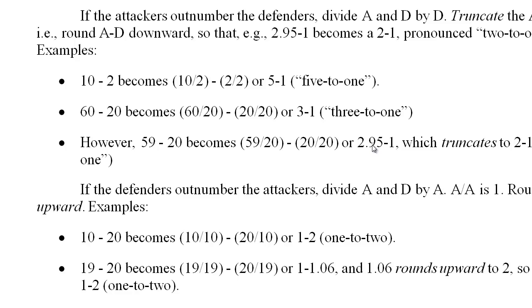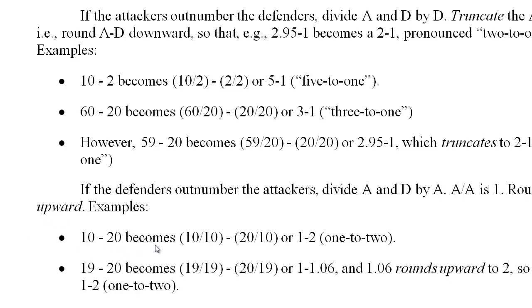Well, that's what happens if there are more attackers than defenders. What if the defenders outnumber the attackers? In that case, you divide A and D by A, the number of attacking factors. A over A is always 1. You round D over A upwards.